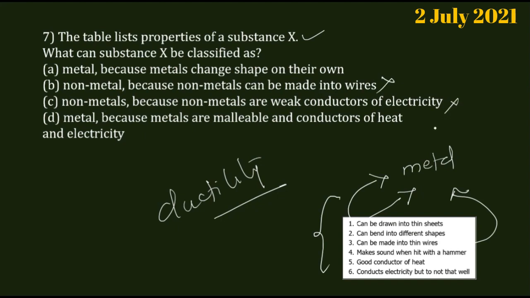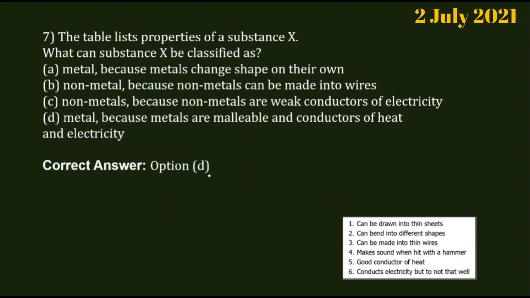No. Then, metals, because metals are malleable conductors of heat and electricity. Now compare this with A: metals, because metals change shape on their own. No, on their own they don't change their shape. But the fourth option appears to be more correct, and therefore we'll see the answer. The option is D.